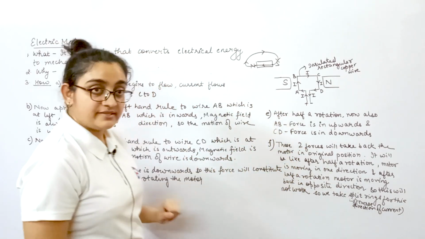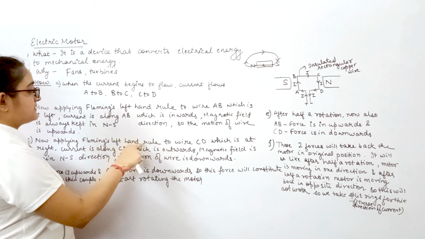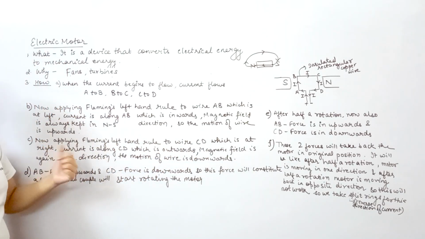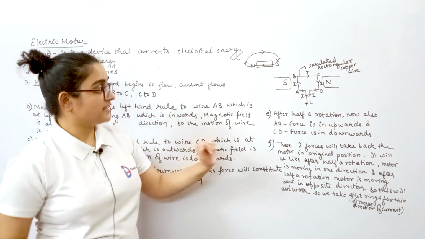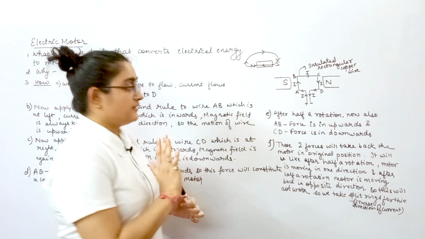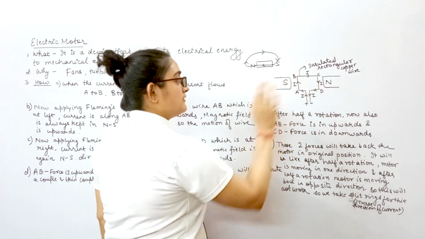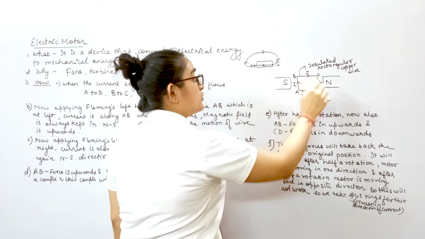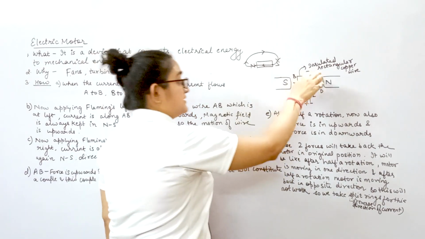Now applying Fleming's left-hand rule to wire CD, which is at the right. Current is along CD, which is outwards. For the wire CD, no doubt the magnetic field lines are from north to south. But what about the direction of current? It is outwards.